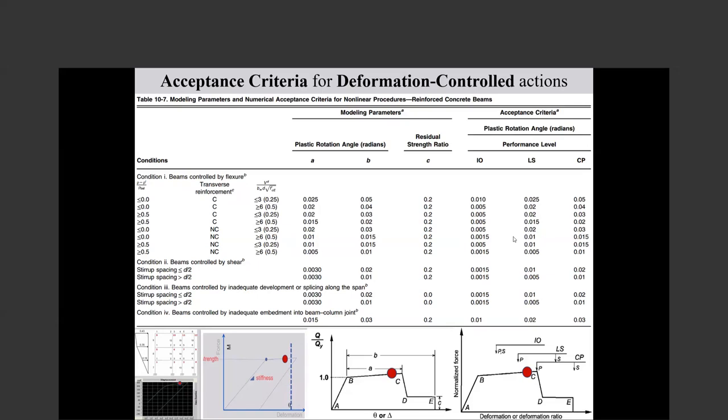But if you don't want to use this curve, they let you develop your curve. The good point about these curves is that they are derived from experiment results based on cyclic analysis.